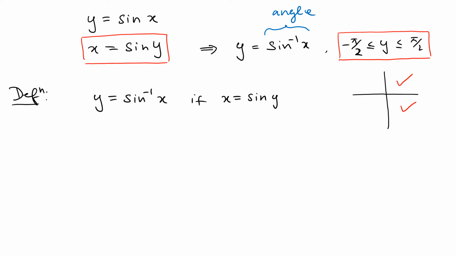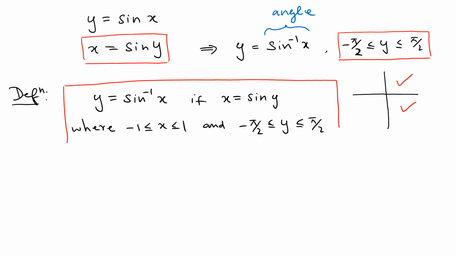So we're going to find an angle, so we're going to say y equals sine inverse x if x equals sine y, under the conditions that x has to be between -1 and 1, and y has to be between negative pi over 2 and pi over 2. So that's how we define the sine inverse function.